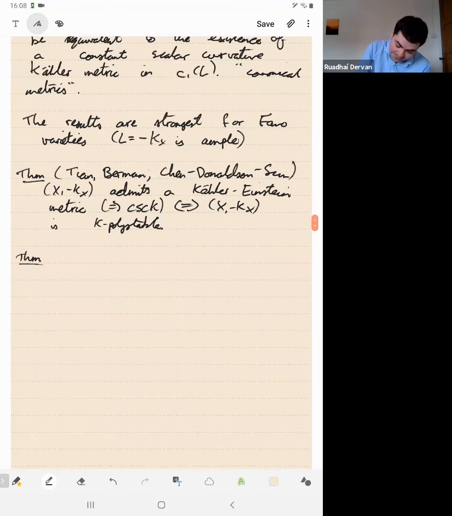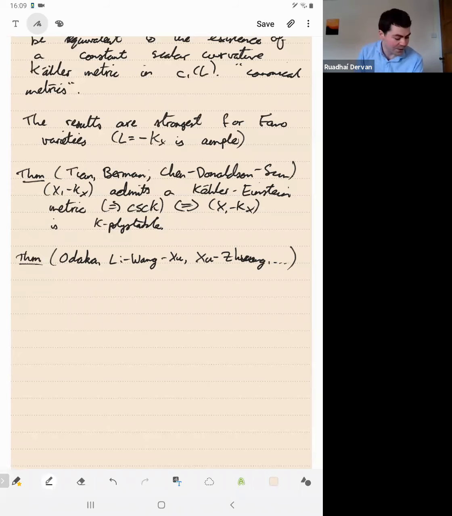For moduli, the results are again complete in the smooth or smoothable case. So these are results due to Odaka, Li, Wang, Xu, Zhu, Shuang. And actually, it's a very long story. Many people have contributed to it. Spotti, Sun, Odaka, in the case of del Pezzo surfaces, for example.